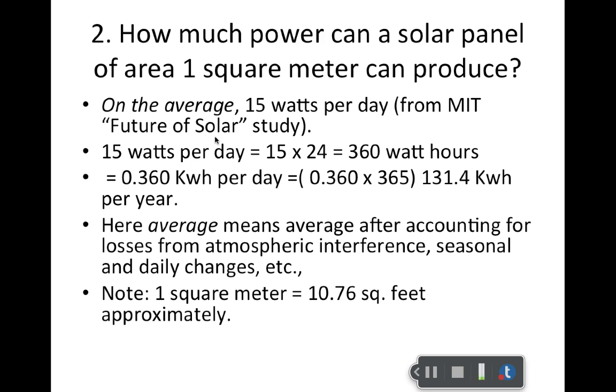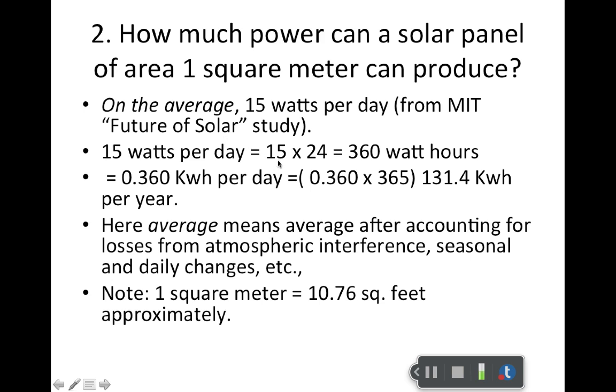You have to account for the amount of the sun's energy falling at a certain place, and how it can vary based on the season, the time of the day, and the angle, and all of that, and how it can be affected by cloud cover. So various things go into the calculation of this number here, 15 watts per day, and that is from the MIT Future of Solar study.